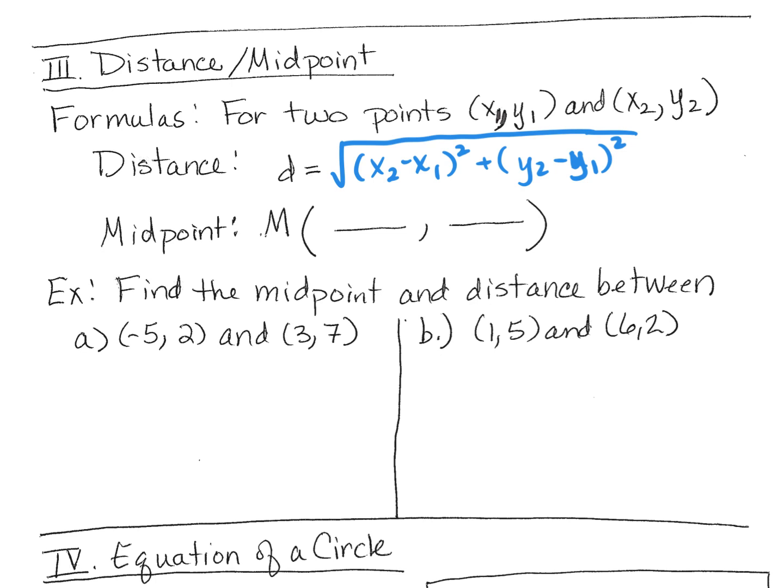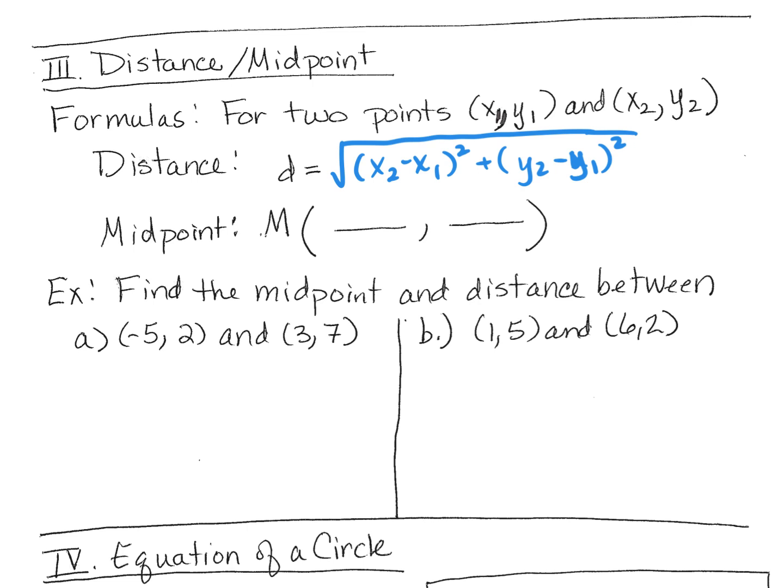Can anybody tell me why it does not matter which order you subtract them in? What are we doing after we subtract them? We're taking the square of them, aren't we? What happens to a negative or a positive when you square it? It's positive, isn't it? So does it matter if we take 3 minus 2, what do we get? 1.